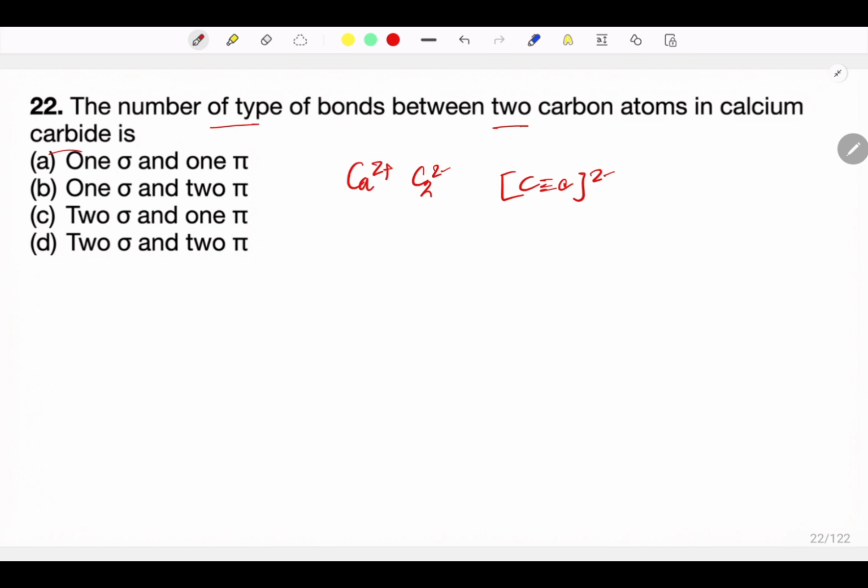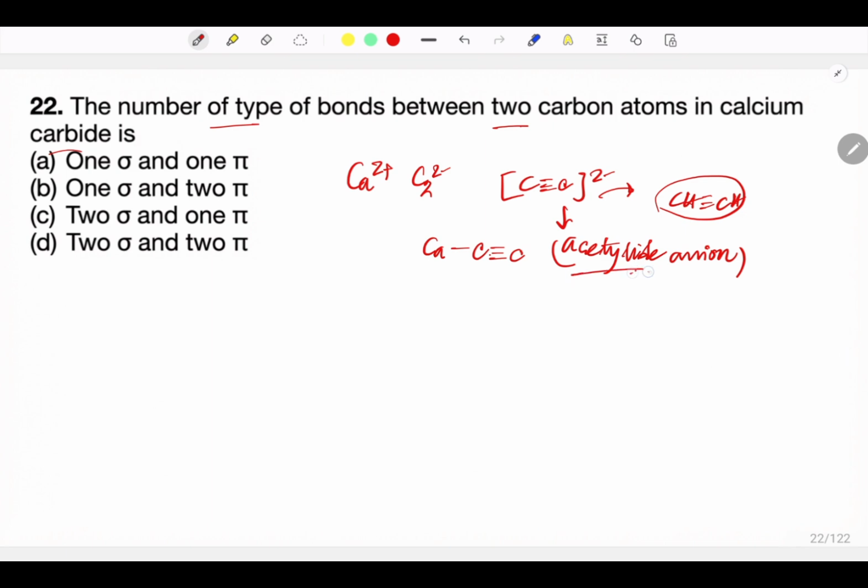This is calcium and these are carbon atoms. This is the acetylide anion. It is formed from acetylene, with the triple bond between the carbons. That's why it is called an acetylide anion.